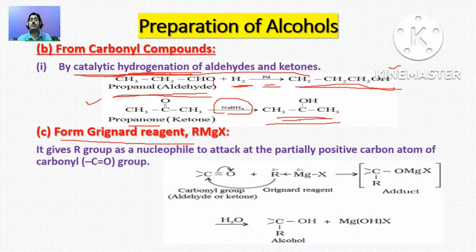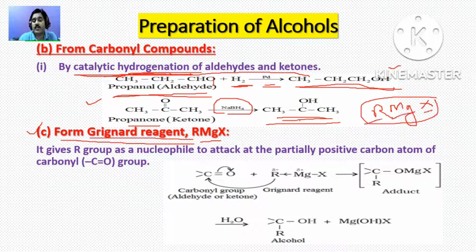We can also prepare alcohol from Grignard reagent. What are Grignard reagents? Grignard reagents are those reagents in which magnesium metal is present with a halogen and an alkyl group.